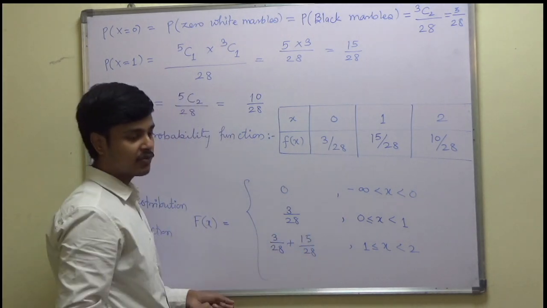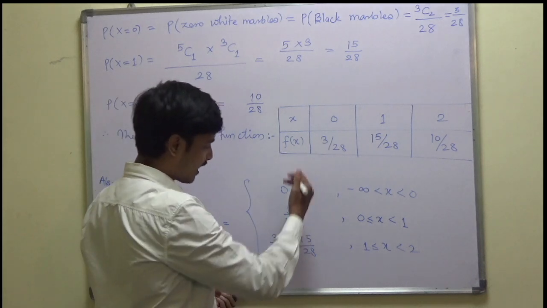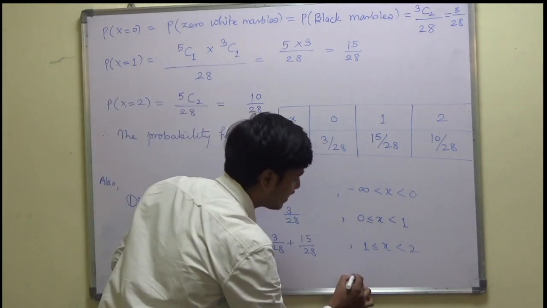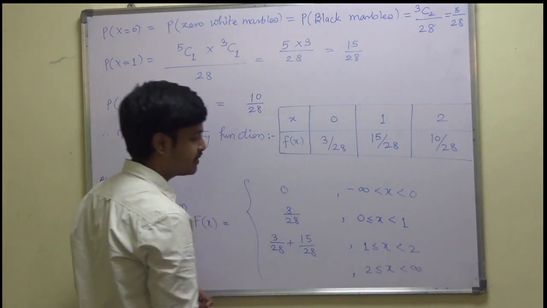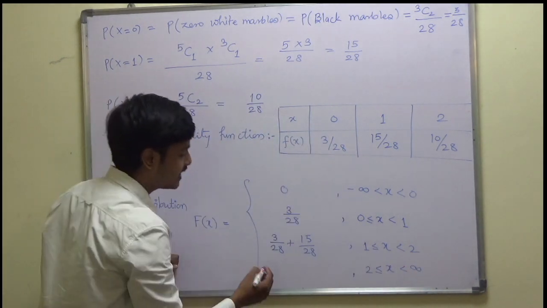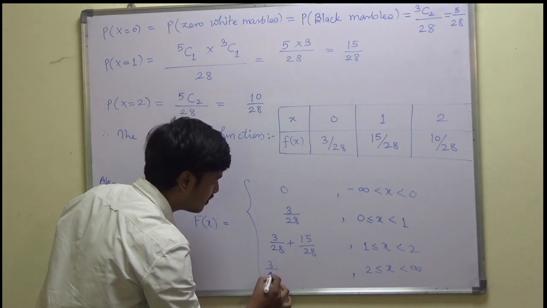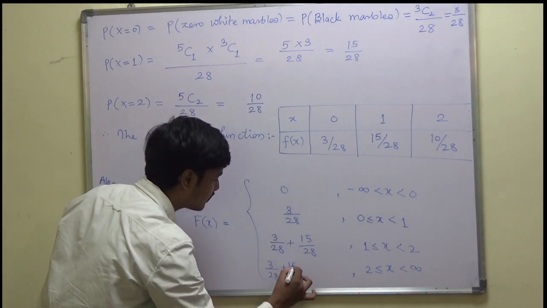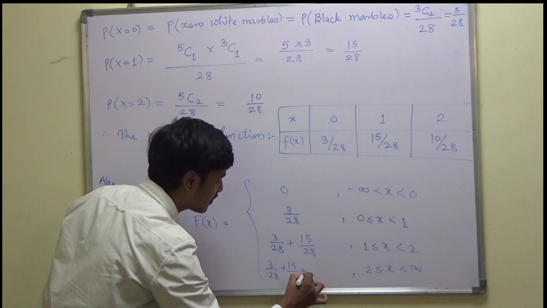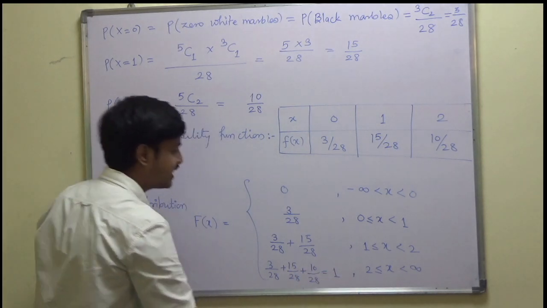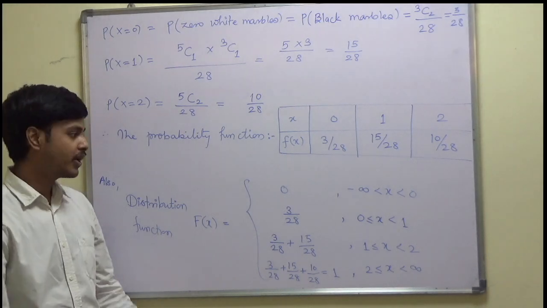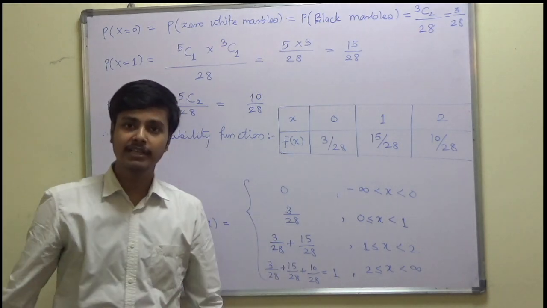It's a cumulative frequency, so we have to add together. And at last, 2 less than or equal to x less than infinity. The probability for this is 3 by 28 plus 15 by 28 plus 10 by 28, which comes out to be 28 by 28, that is 1. So whatever we have done is absolutely correct.